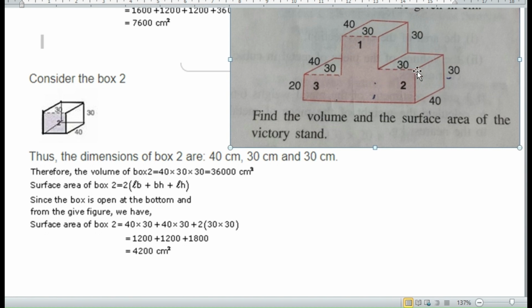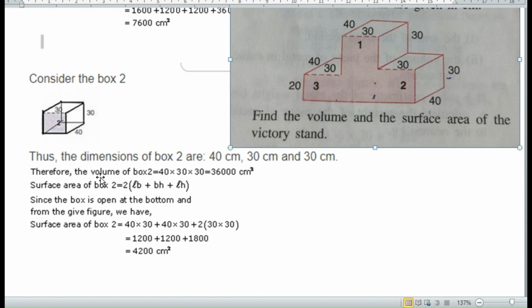Breadth is 30, length is 40 and height is 30. So volume is 30 into 40 into 30, that is 2 times of 30 into 40 into 30, equal to 36,000 centimeter cube is volume.